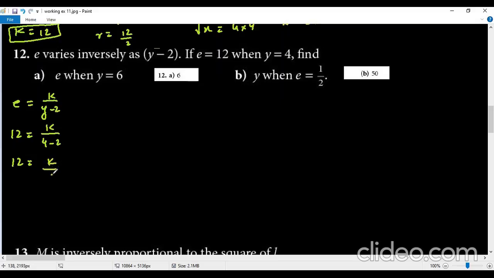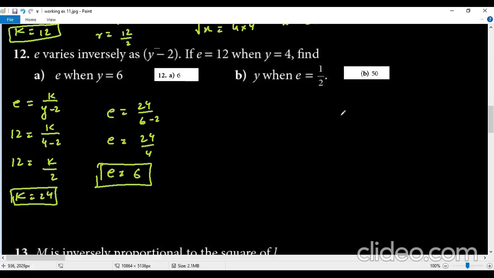That means k is 24. Now we need to find out E, which is E equals k is 24. E value we need to find out, and y value is 6 minus 2. That means E equals 24 divided by 4 is going to give us E equals 6.